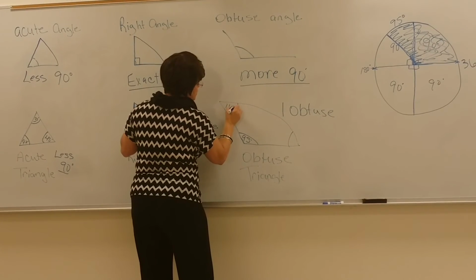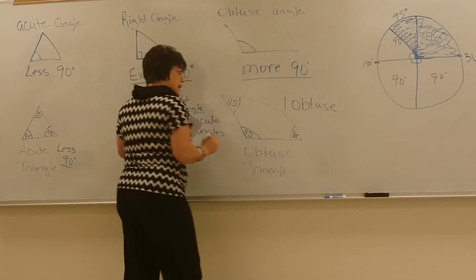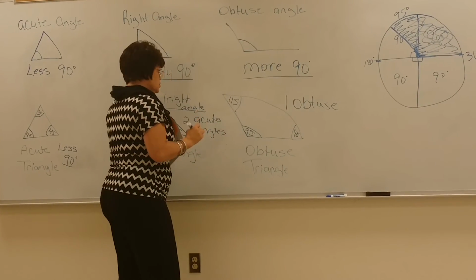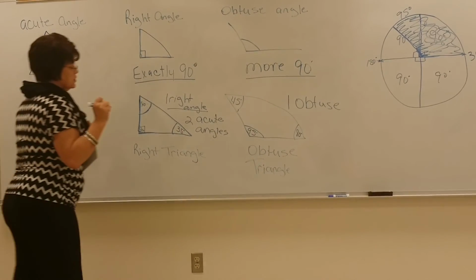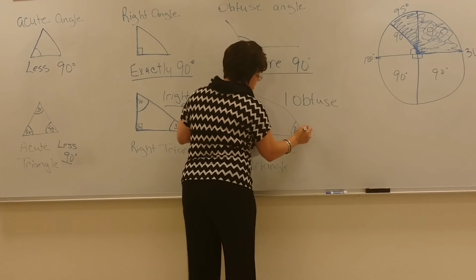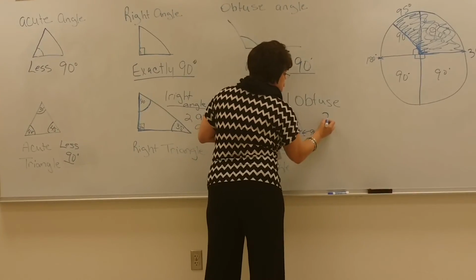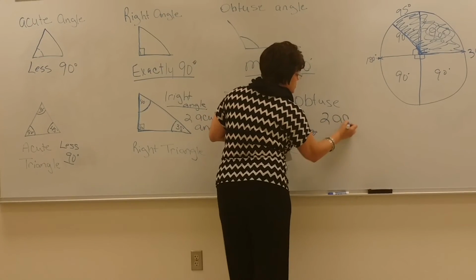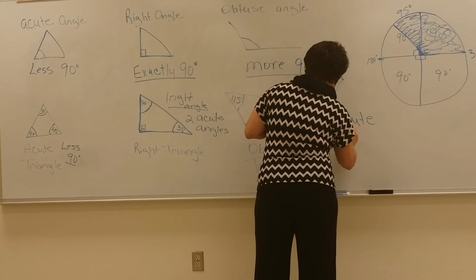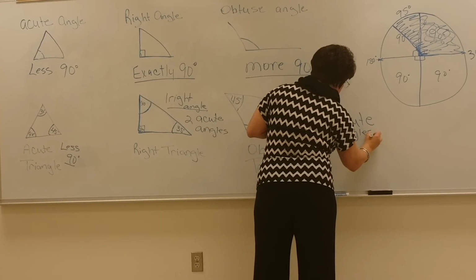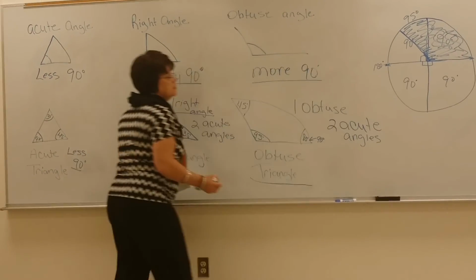So this is a 45 and 80. Would 80 be an obtuse? Would it be a right triangle or would it be an acute? It's less than 90, correct? So you would have two acute angles. And this would make your obtuse triangle.